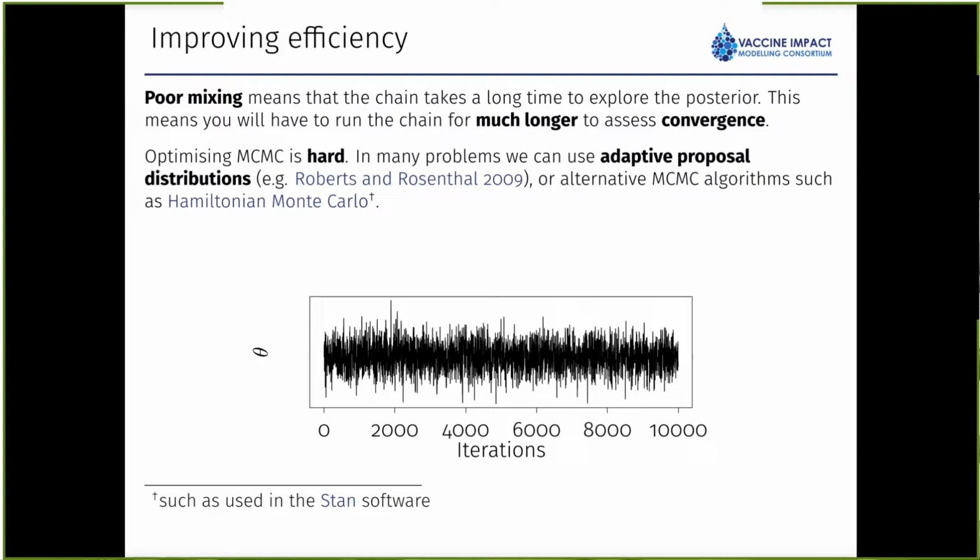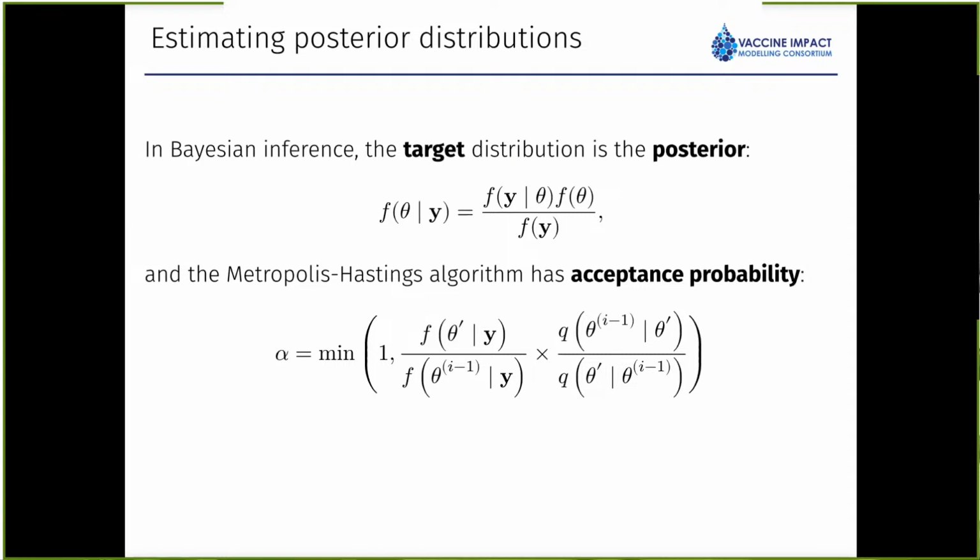Okay, so all of this effort, why is it helpful to us? Why do we bother to do this for posterior distributions? Well, what we are trying to estimate is the target distribution, right? So the whole idea is that we set up a Markov chain where the target distribution is the posterior.